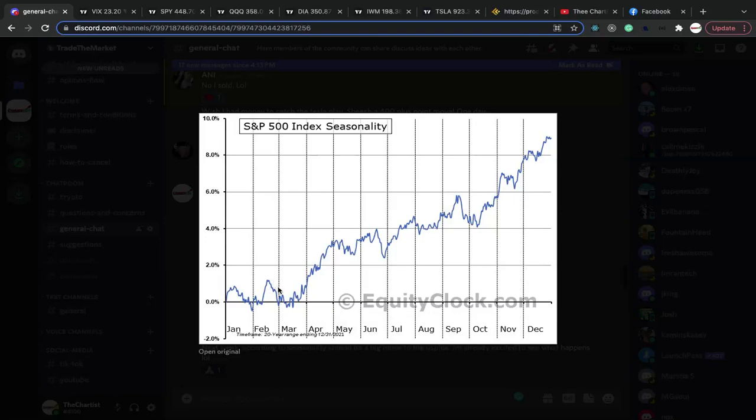This is based on the last 20 years average from December 31st, 2021, and then 20 years back. So it's not guaranteed the SPY will move like this, but it is worth mentioning that we are in a bullish seasonality, and based on seasonality, we could get a new all-time high next week.